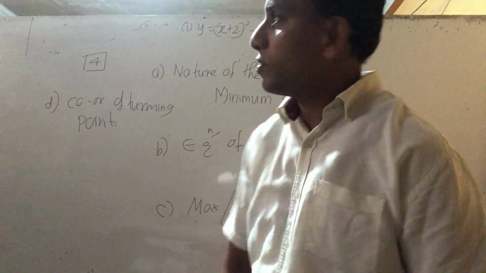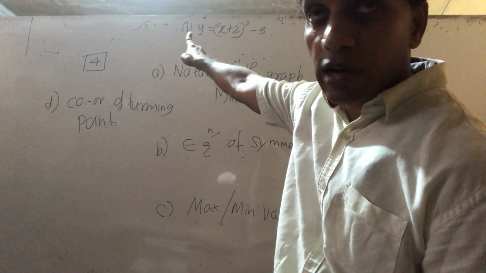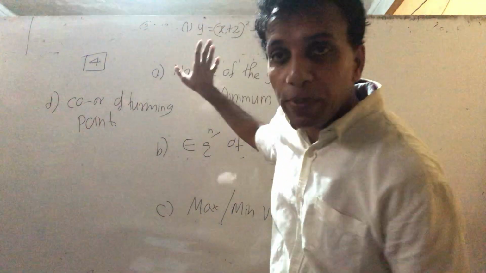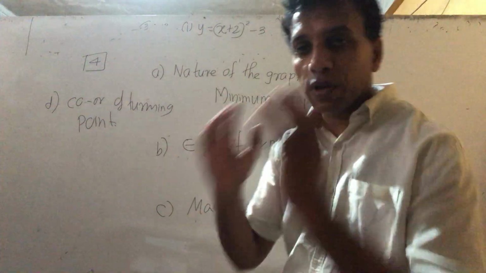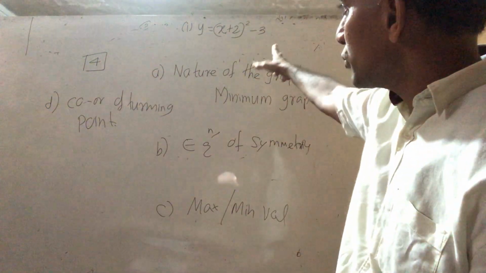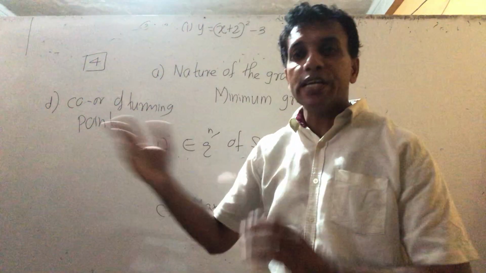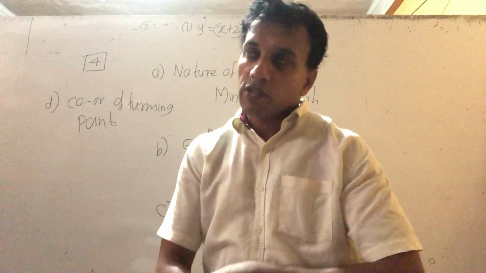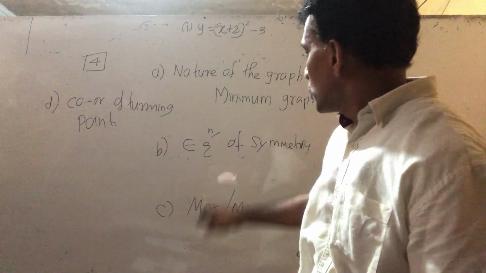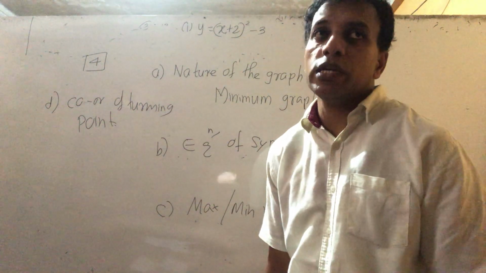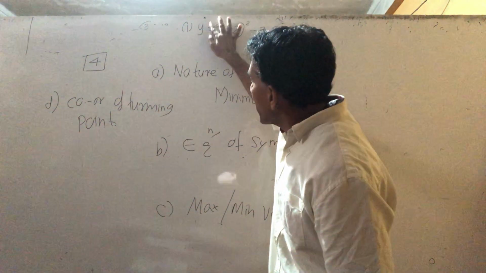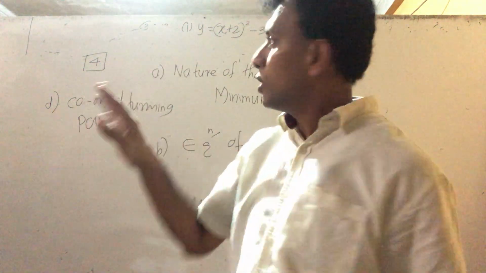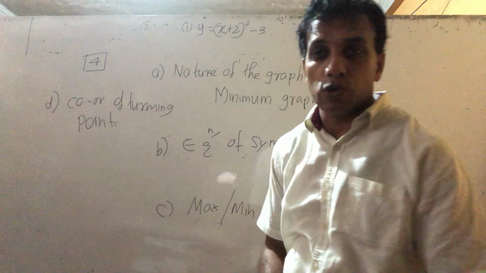Next, part B, the symmetric equation. This we call the completing square method: (x plus 2) squared minus 3. There are 3 patterns of parabolic curves; you can refer to my video 1. For the symmetric equation, you make the bracket equal to 0.